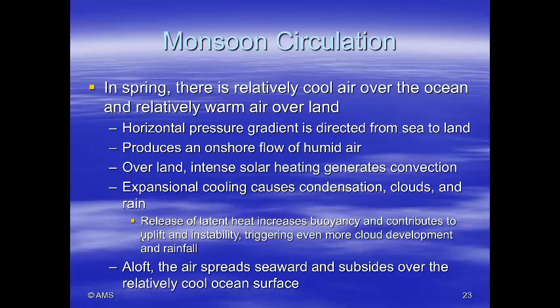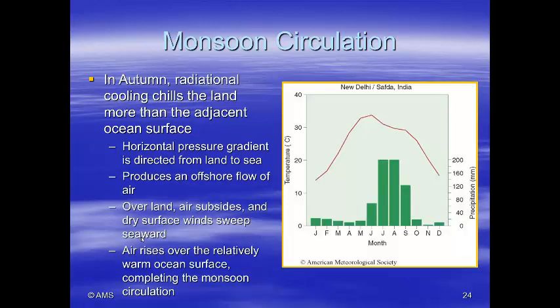Aloft, the air spreads seaward and subsides over the relatively cool ocean surface. So in autumn, the radiational cooling chills the land more than the adjacent ocean. So the horizontal pressure gradient is directed from the land to the sea.